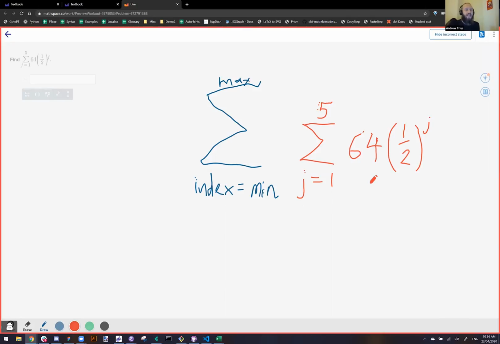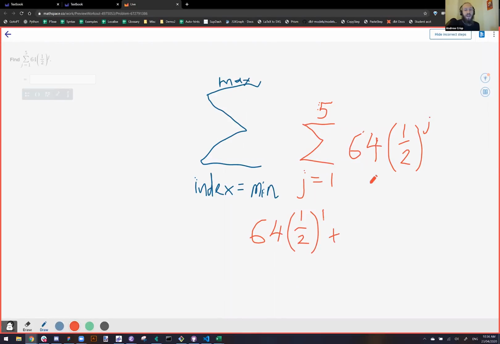As I said, we take the index and we replace it with the minimum value. We just rewrite the whole thing, 64, 1/2, and we replace the index with the minimum value, to the power 1. Plus, we then increase by 1 and do the same thing again.